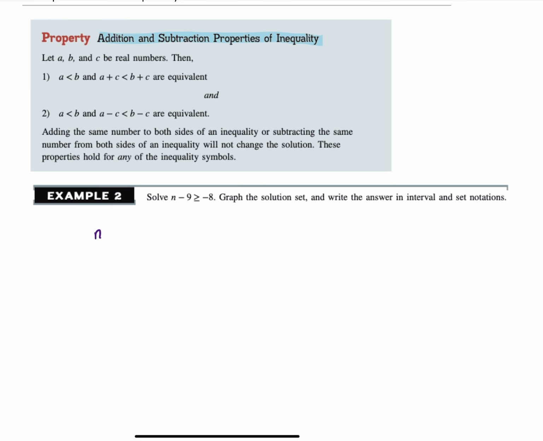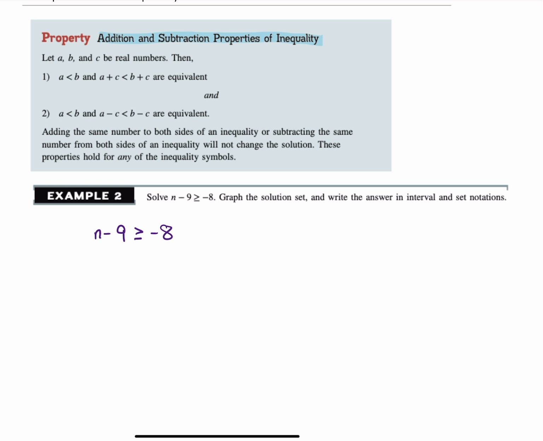So we have n minus 9 is greater than or equal to negative 8. And I want to solve this just like we did with equations. I want to get n on its own on one side. With some inequality statements, there's one special case where this might flip, and we'll see that in a second. And then everything else on the other side.